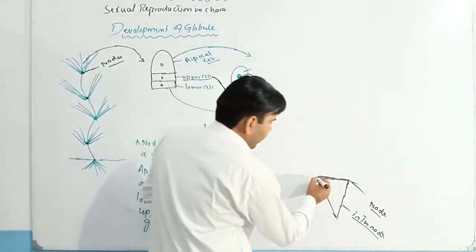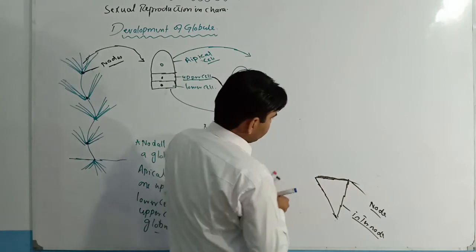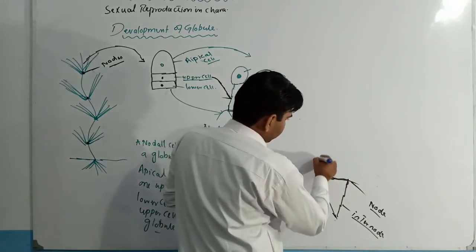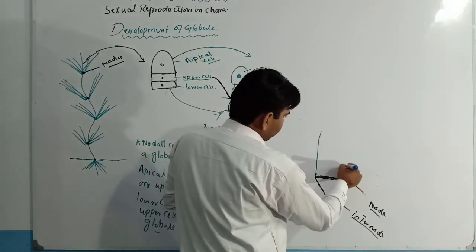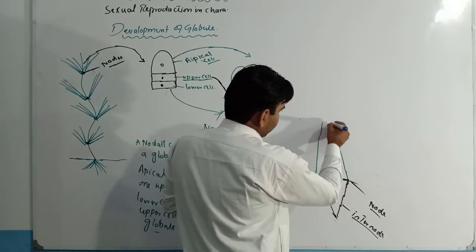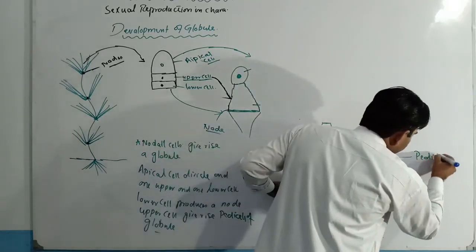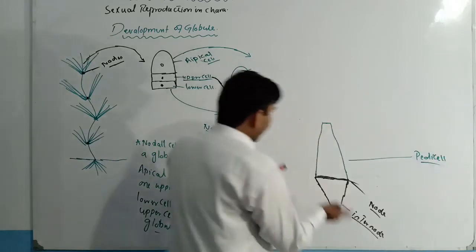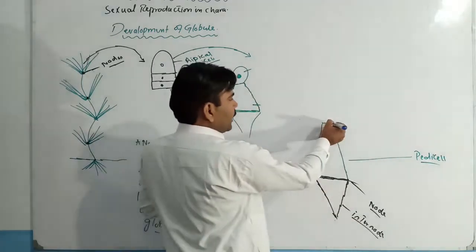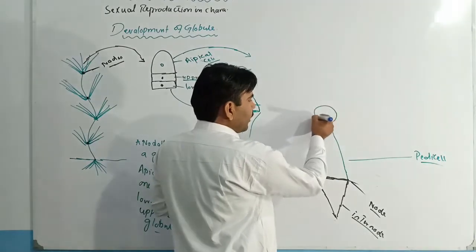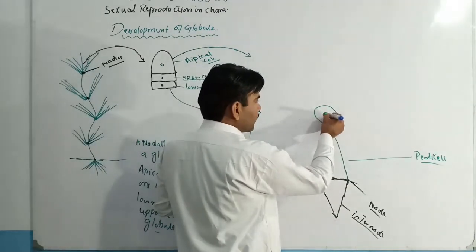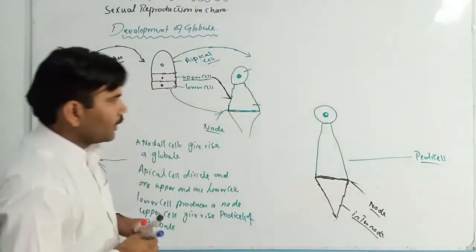So now I am making this structure. This is basically the pedicel, and upper to this pedicel is a cell known as the apical cell.